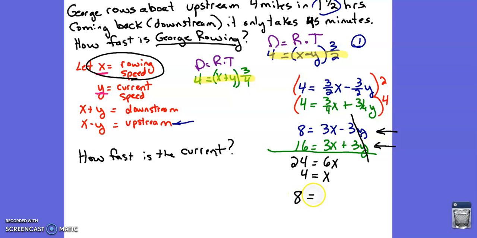So we have 8 equals 12, because I plugged in 4 right there, and then minus 3y. So notice the current of the river is 1 1/3 miles an hour. So that's the current of the river. And we used a system of equations to figure that out.